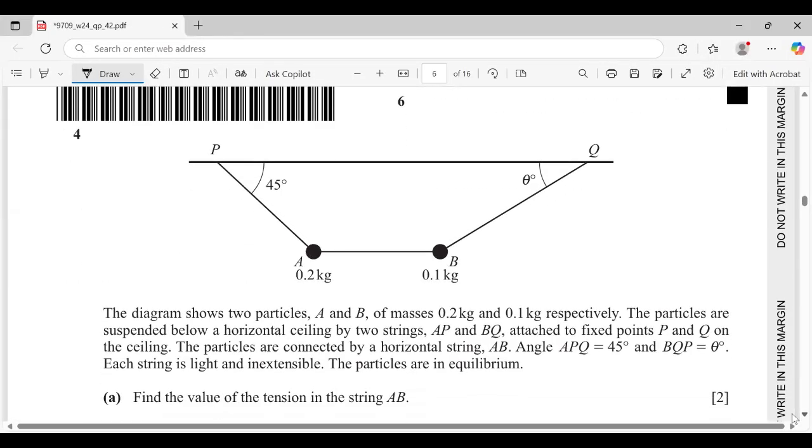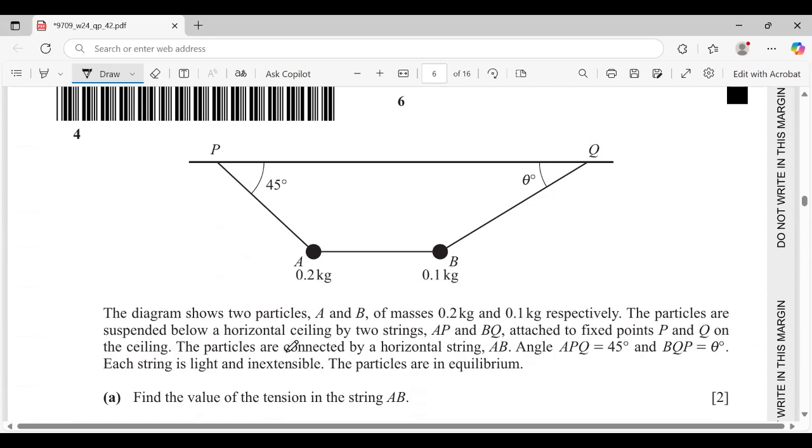Number 4. This diagram shows two particles A and B of masses 0.2 kg and 0.1 kg respectively. The particles are suspended below a horizontal ceiling by two strings, AP and BQ, attached to fixed points P and Q on the ceiling.